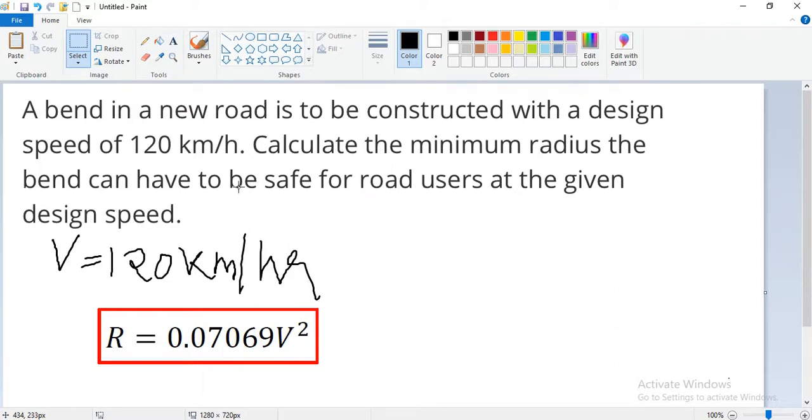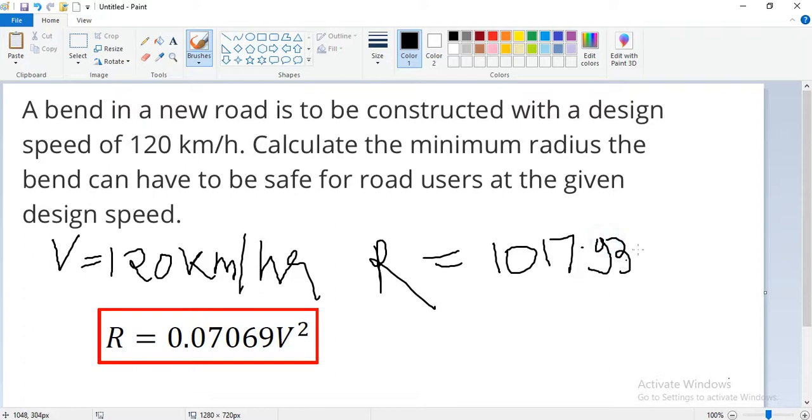It will be 1017. The radius will be 1017.936 meter.